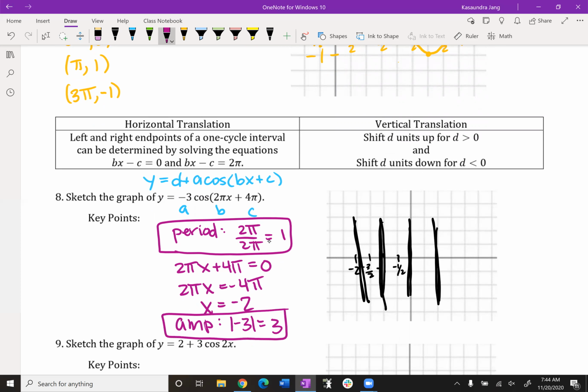I'm going to need that. That means that instead of bouncing between 1 and negative 1, with an amplitude of 3 it's going to bounce between positive 3 and negative 3. So I'm going to count my y-axis by 1. I know I did not count my x and y-axis by the same number.